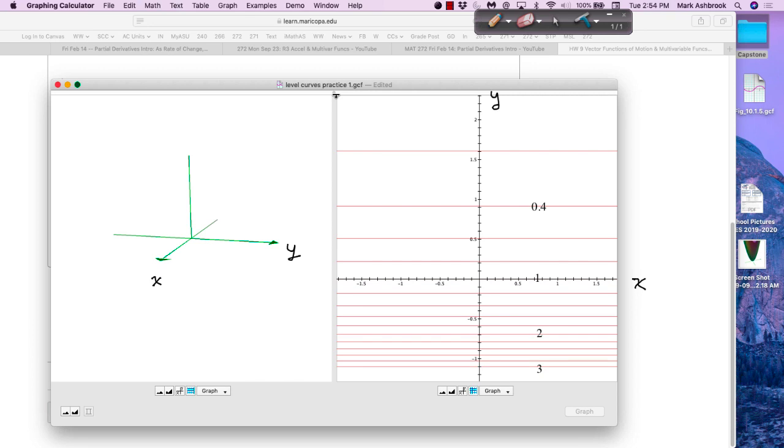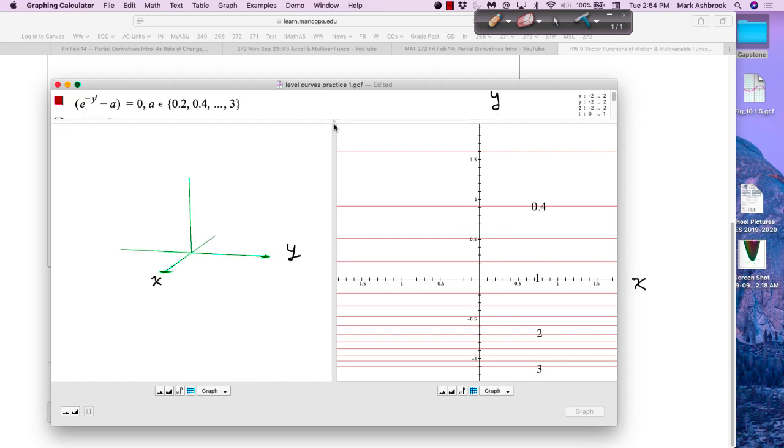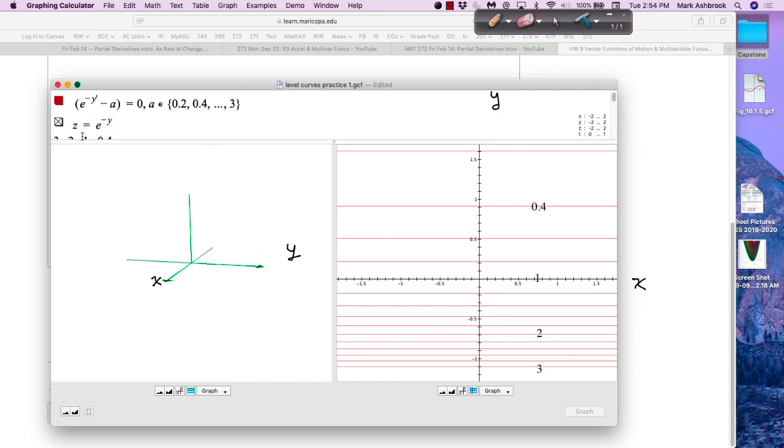Exponential function. z equals. No, those are polynomials. Exponential means the input is in the exponent. e to the negative y. So e to the positive y would be this way, right? It would get positive z as y gets positive, but we're getting positive z as y gets negative. So z is e to the minus y.